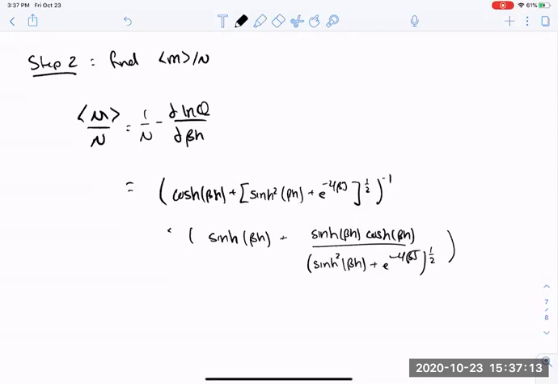Whew, isn't that ugly? But note that it is independent of n, so that makes that part of our life very simple. We can trivially take the large n limit.